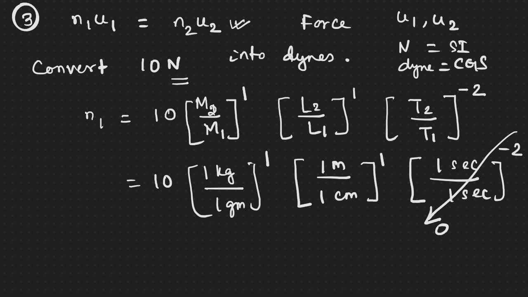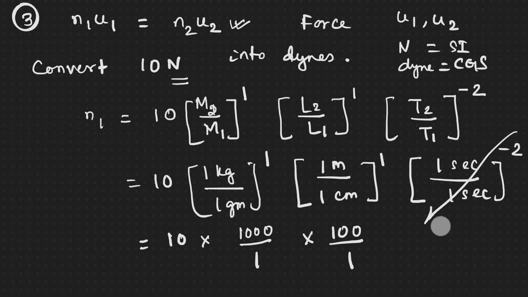Okay, right? So it would be 10 into 10,000 by 1 into 100 by 1. Now it is not 0, it is actually 1.